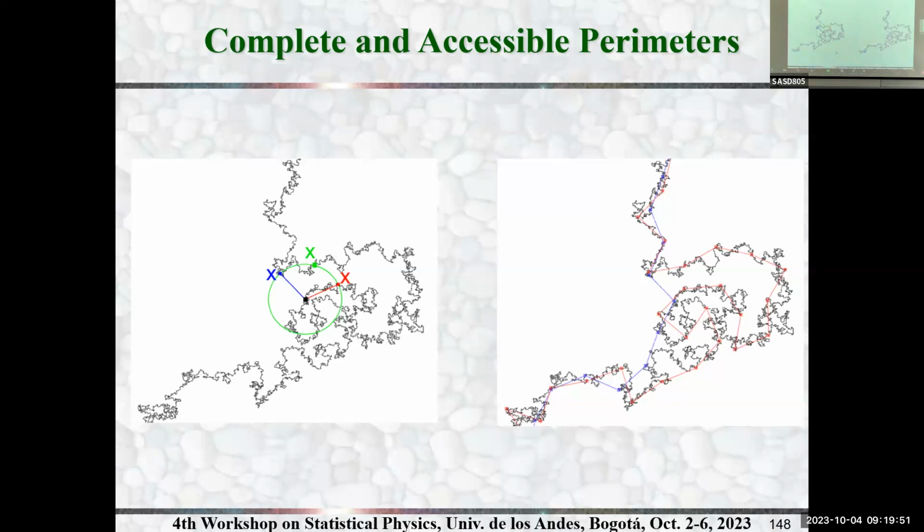It is a new fractal dimension. In fact, there exist 2 different fractal dimensions, namely the complete perimeter and the accessible perimeter. What is that?